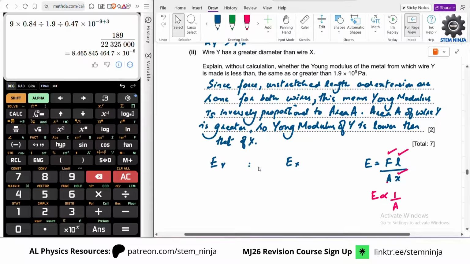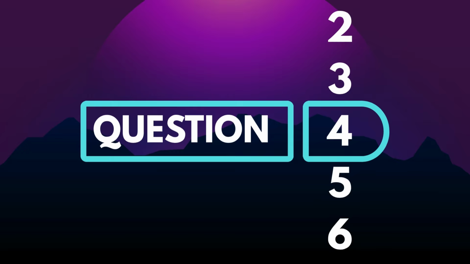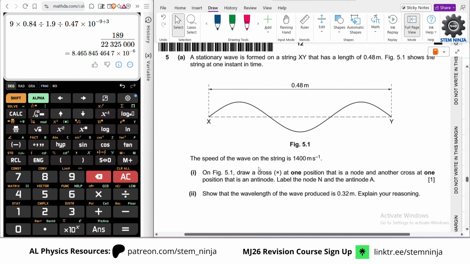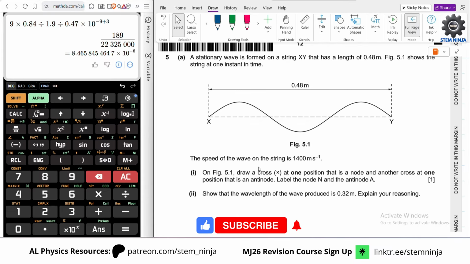Now let's move on to the next one. Question number 5. A stationary wave is formed on a string XY that has a length 0.48 meters. Figure 5.1 shows the string at one instant in time. Speed of the wave on the string is 1400 meters per second.